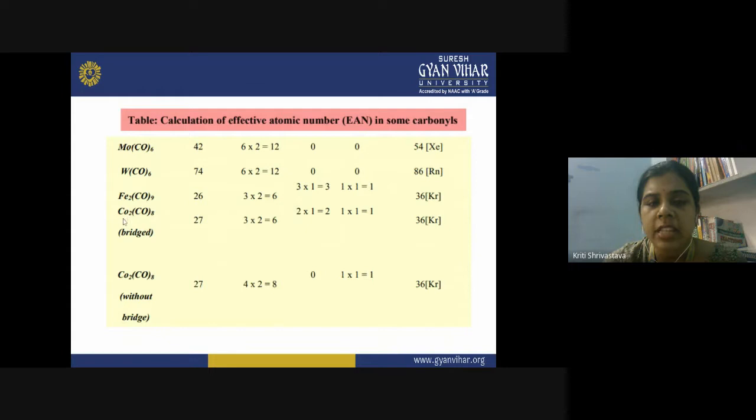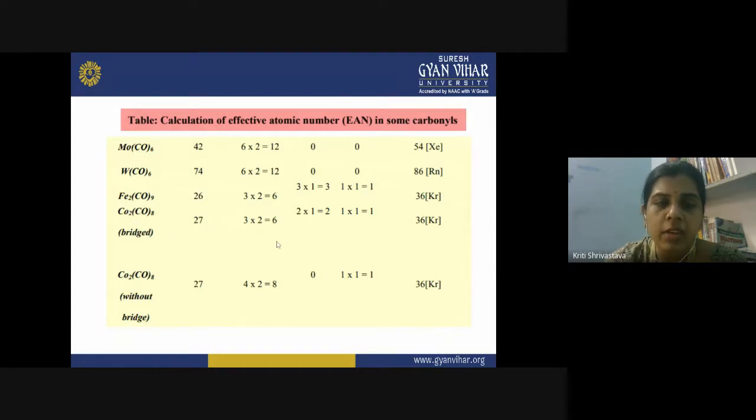So let us see in the bridged form, Co2(CO)8, the atomic number of cobalt is 27. Then the terminal carbonyls. Because we have a bridged structure here, between the two cobalts we have two bridges of carbonyl and the remaining 6 carbonyls will be in the terminal mode.